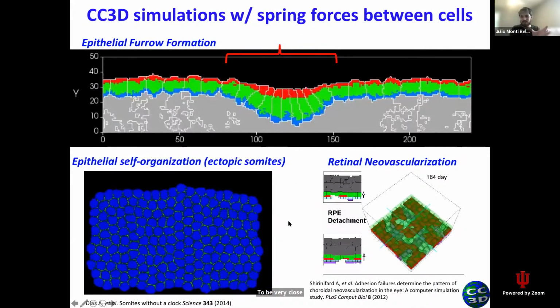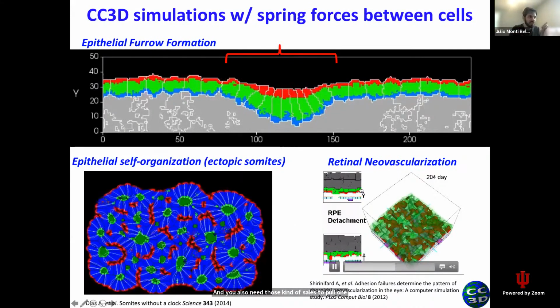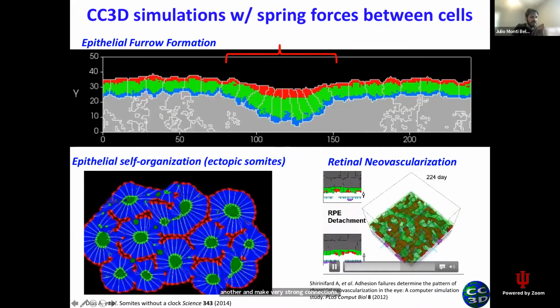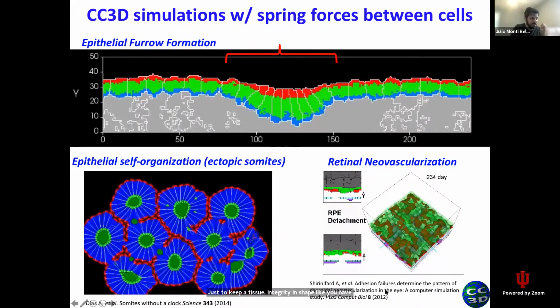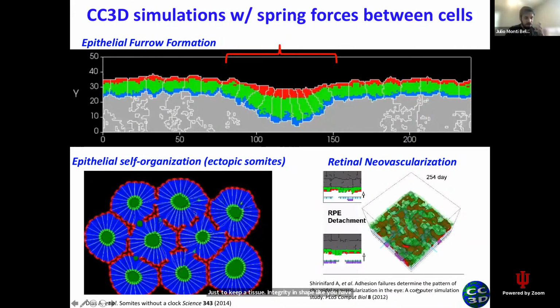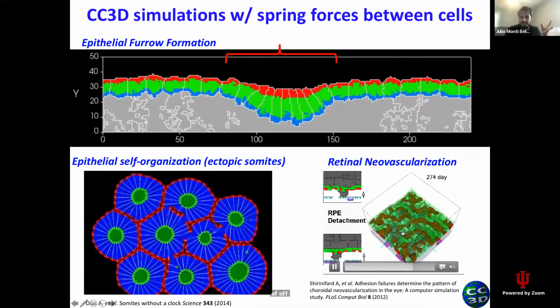And you also need those cells to pull one another and make very strong connections just to keep tissue integrity and shape, like you have in the simulation of choroidal vascularization in the eye, okay?